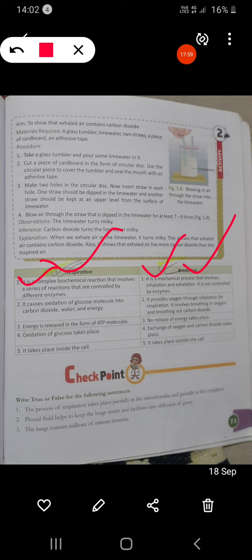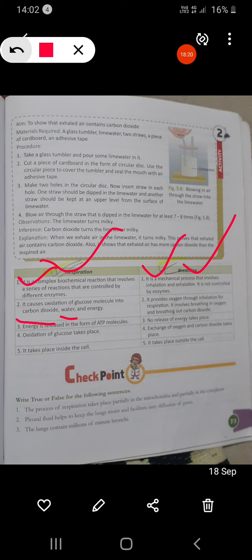But respiration is not a simple process, it is a complicated process, and so many reactions are involved here. Children, it causes oxidation of glucose molecule into carbon dioxide, water and energy, but breathing only provides oxygen through inhalation.